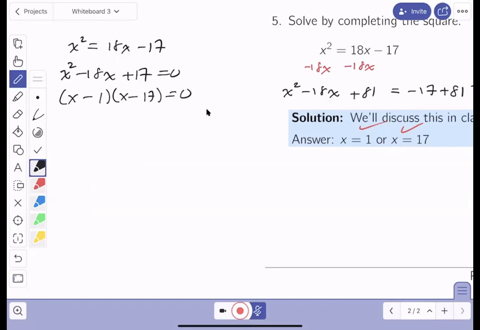Got to be minus minus. Let's check it. x times x, x squared, minus 17 minus 1 is minus 18, and minus 1 times minus 17 is plus 17. Fairly simple problem. What do you get? The first factor becomes 0, then x equals 1, or x equals 17. Do we get the same answer? Of course we do.